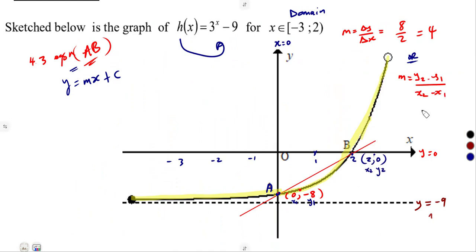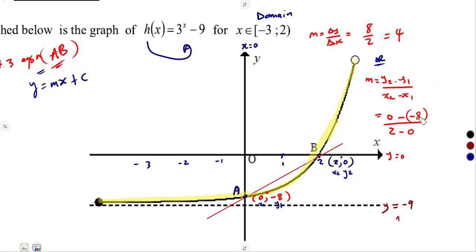So putting in y2, that is 0 there, minus y1, which is -8, everything over x2, which is 2, minus x1, that's a 0 there. Simplifying this, you're going to get +8 over 2, and that's a 4.